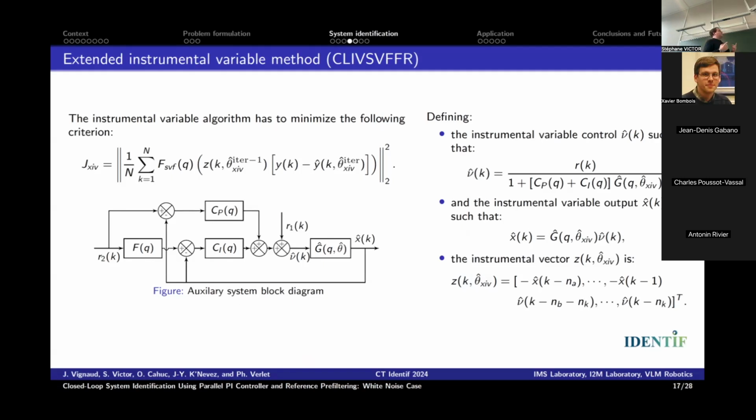However, we find a new variable called Z, the instrumental vector, which gathers all the instrumental variables: the control, called nu, which depends on the external inputs only and the previous estimated model, and x, which depends on the instrumental control variable and the previous estimated model.